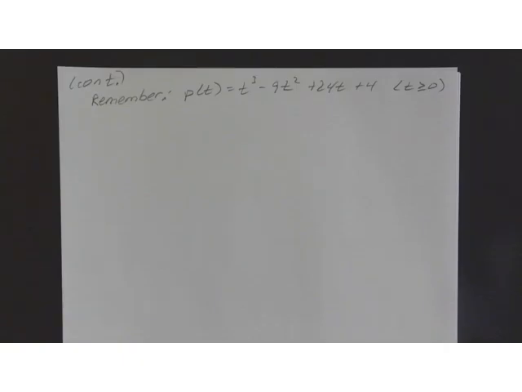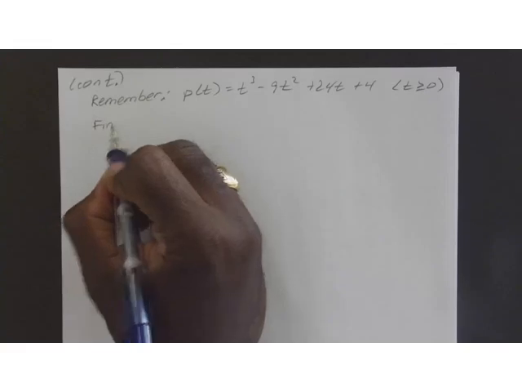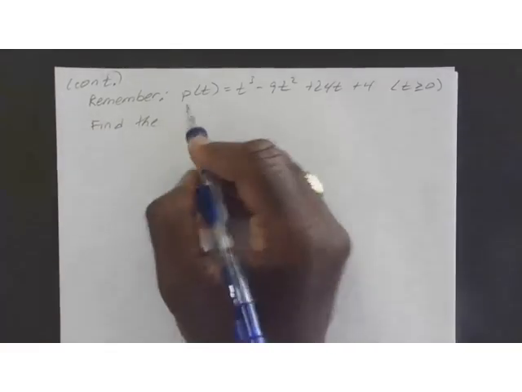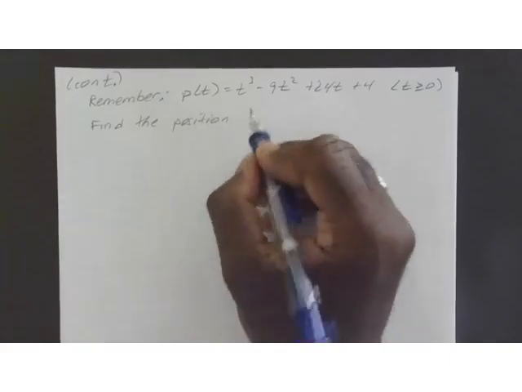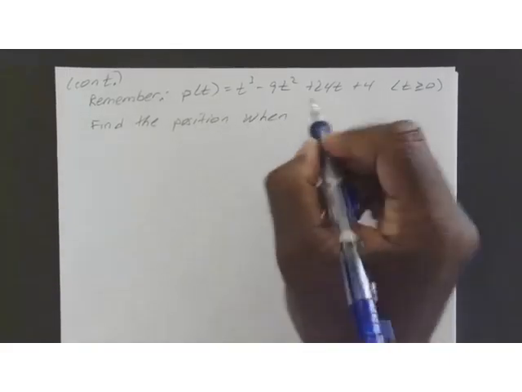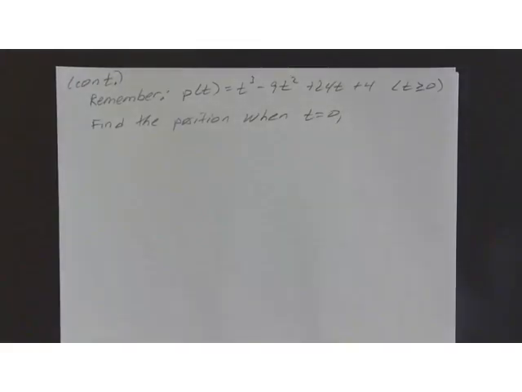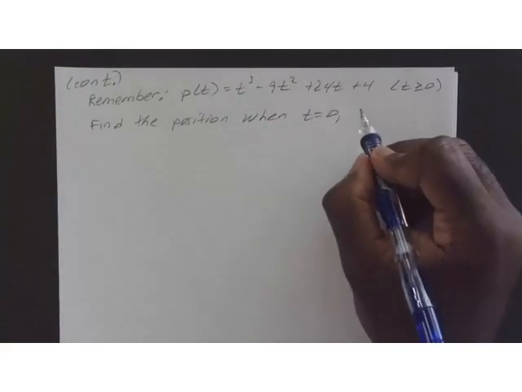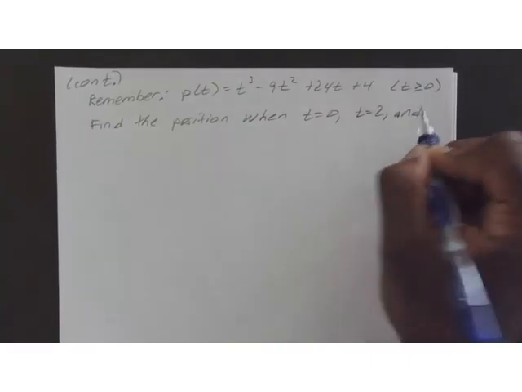Okay, so we have to find the position when t is equal to 0, t is equal to 2, and t is equal to 4.